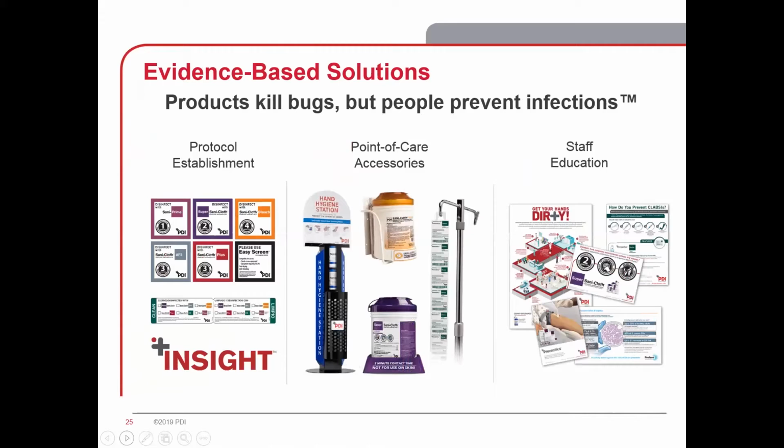We have point of care accessories such as our brackets and floor stands. And we also provide a lot of staff education. So we have instruction for use charts and other types of educational brochures.